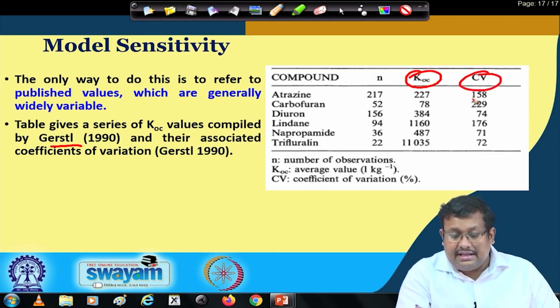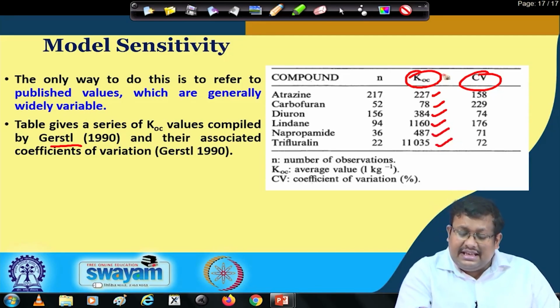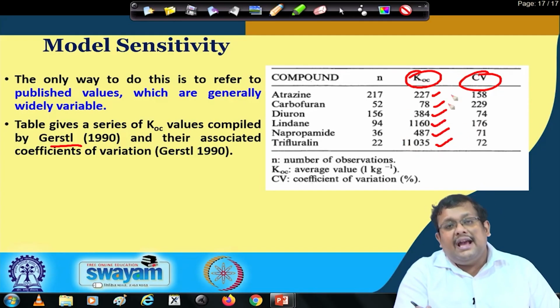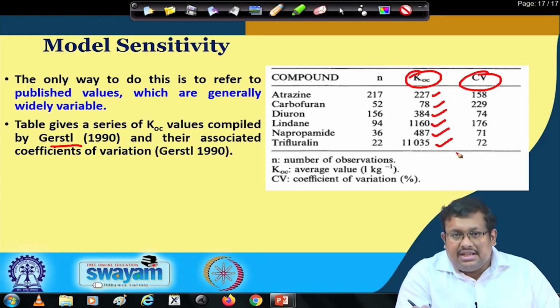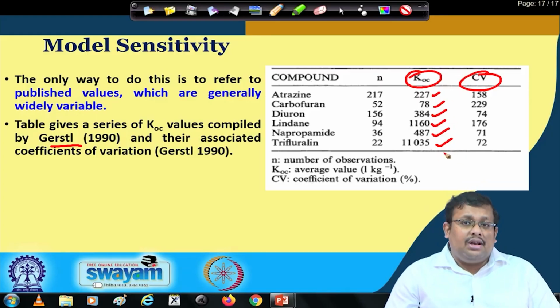You can see the values 227, 78, 384, 1160, 487, 11035. Basically this shows a wide variation, so you have to take these values and input them to see the sensitivity of the model.